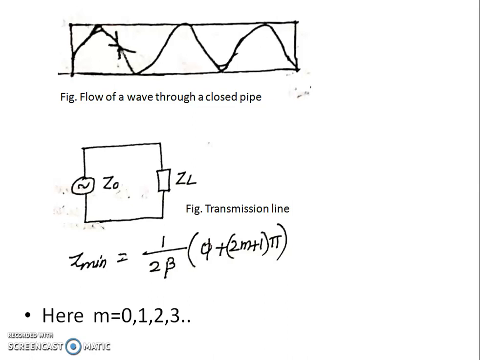So we understood the standing wave with its physical example. At some point the wave moves in this direction, and when we close here, it moves backward, and when we close this side also, finally it reaches a standstill condition. The wave in this condition is known as a standing wave. So this is the physical meaning of a standing wave.